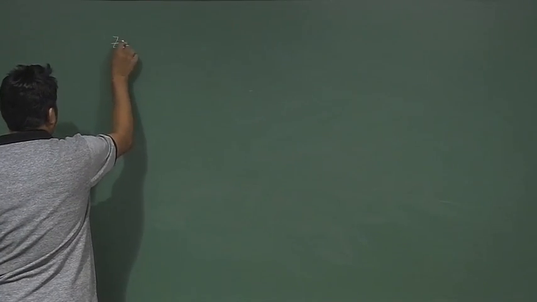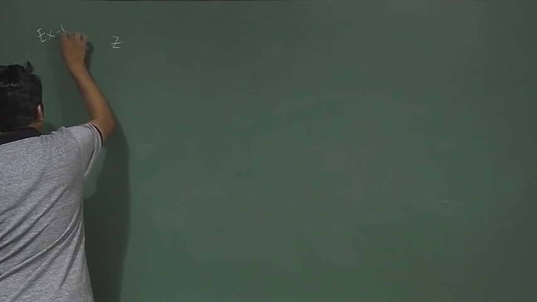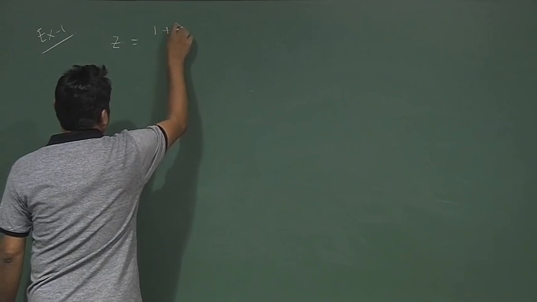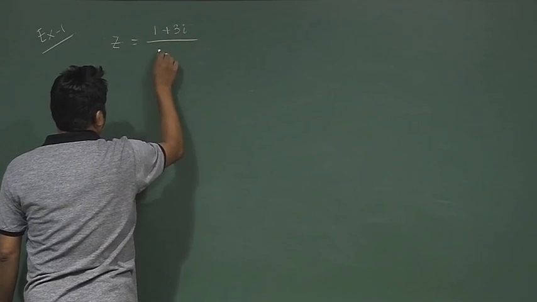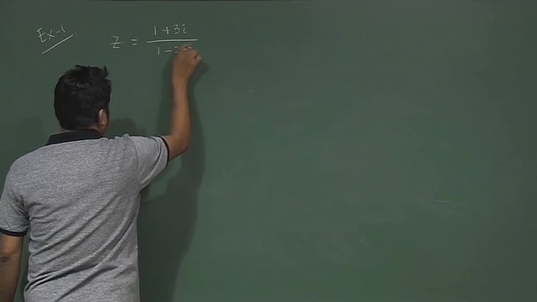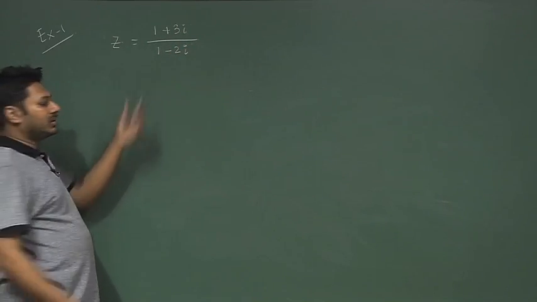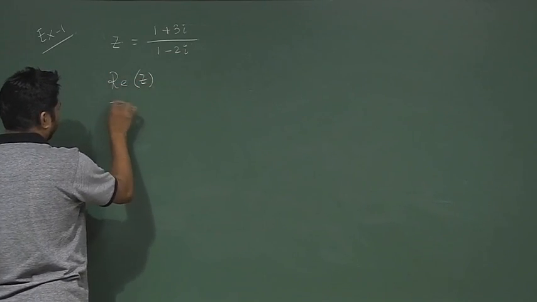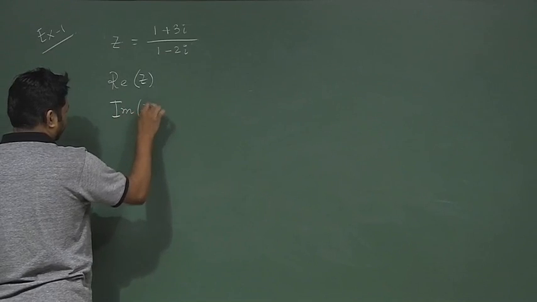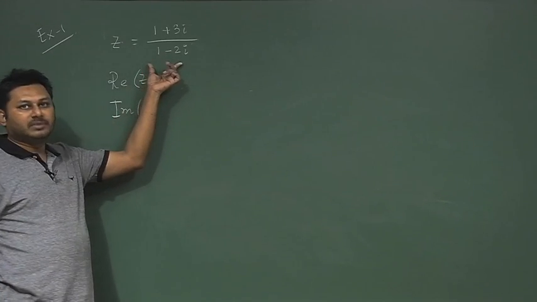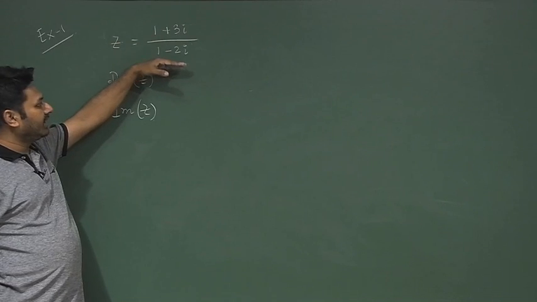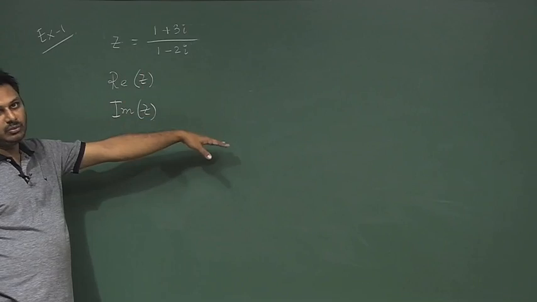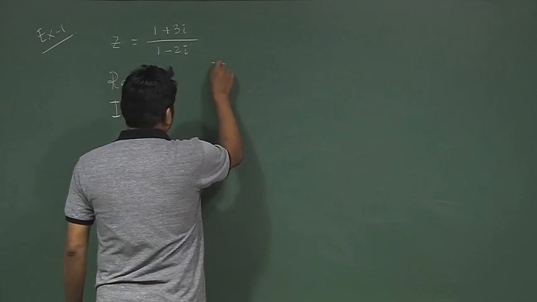Say z is equal to 1 plus 3i divided by 1 minus 2i, and you are asked to find the real part of z and the imaginary part of z. This is not quite trivial, because there is a division. So, you need to figure out the real and imaginary parts exactly the way I did just before.